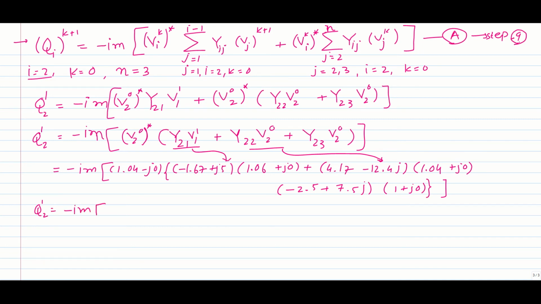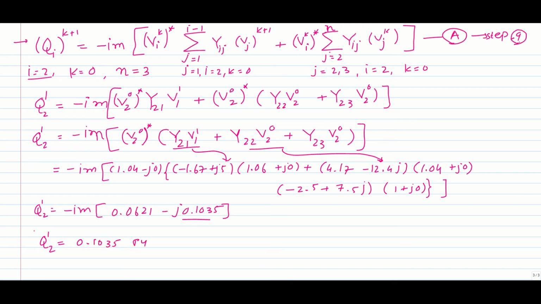The imaginary portion is 0.0621 minus j0.1035. So the final answer for reactive power at bus number 2, we can say the net reactive power at bus number 2, is minus of this imaginary portion, that means 0.1035.